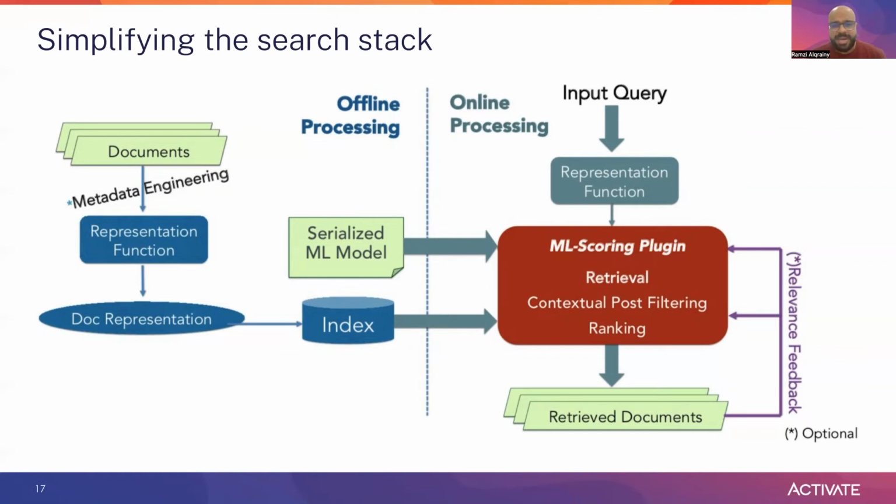Sometimes that's very hacky, where you write scripts to clean up your data and put it into your index. Lucene and Solr already do the representation functions, and how you represent each field on your document as separate columns. Then you create an index with an inverted term frequency so that you can quickly retrieve the different documents. So that all happens offline.